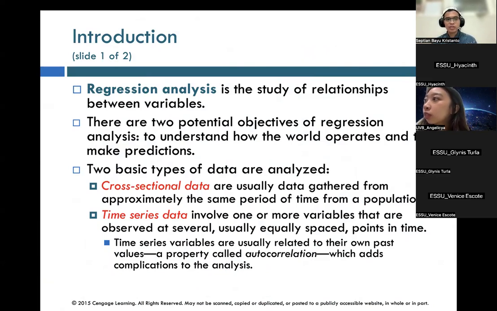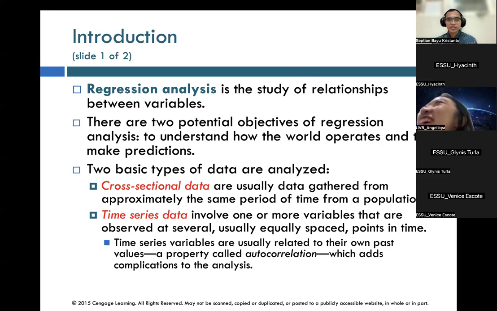But before we continue, we need to know that there are two basic types of data. The data could be presented as cross-sectional data or as time series data.